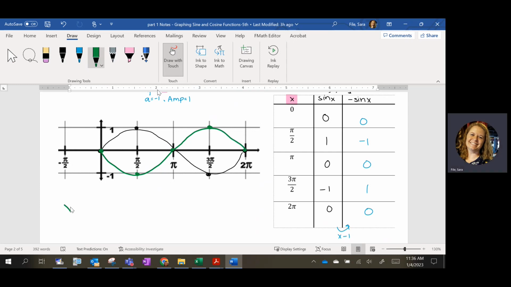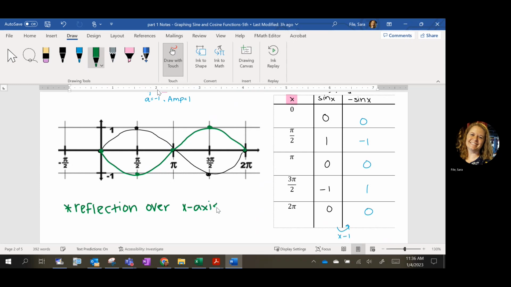How would you describe that transformation? The reflection over the x-axis, right?